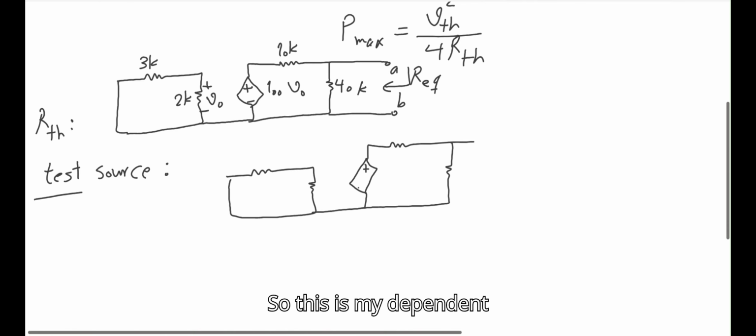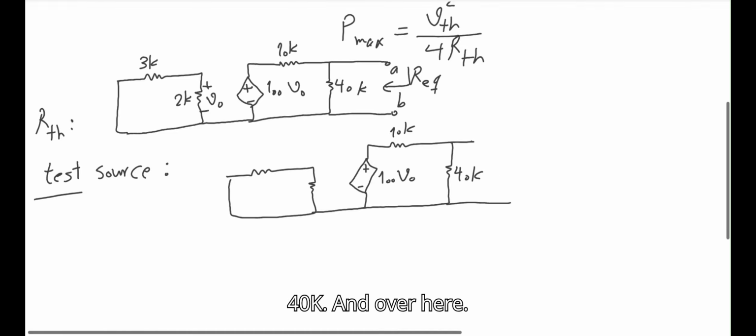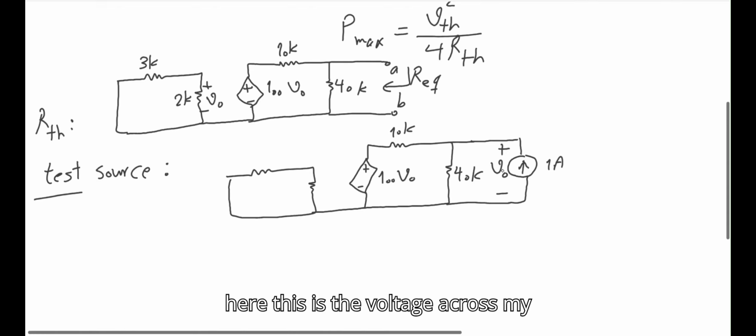So this is my dependent voltage source, 100 VO. This is 10K. This one is 40K. And over here, I will just apply a test source. Let's consider it 1 amp. And over here, this is the voltage across my 1 amp source.